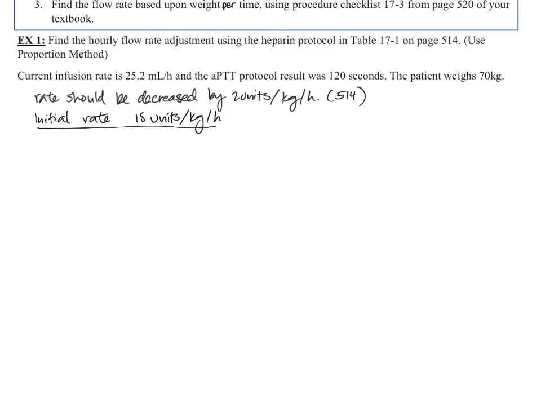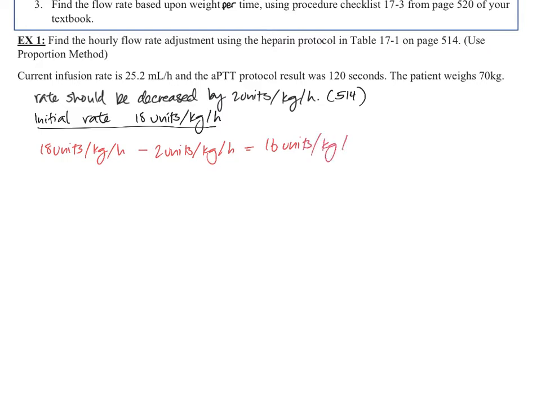Alright, so what we're going to do is subtract the rate adjustment from the current rate. So we'll have 18 units per kilogram per hour, and I'm going to subtract away from that the 2 units per kilogram per hour, which will give us 16 units per kilogram per hour.